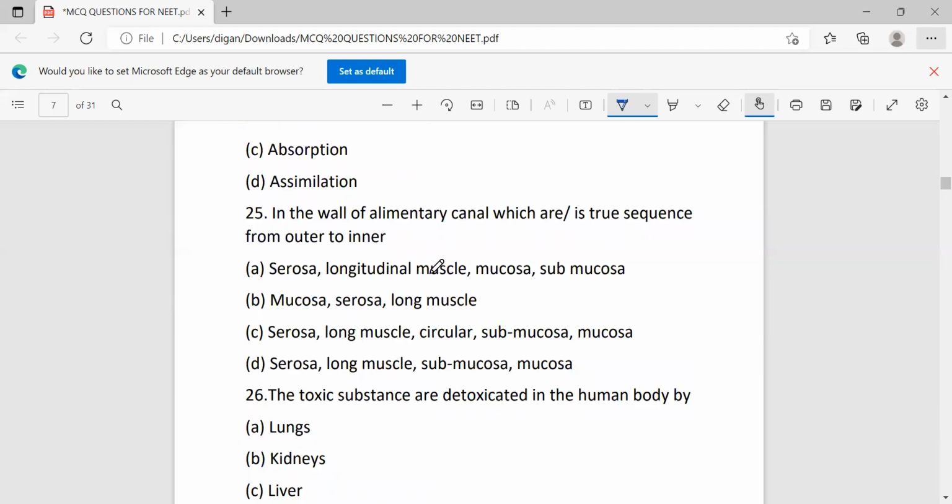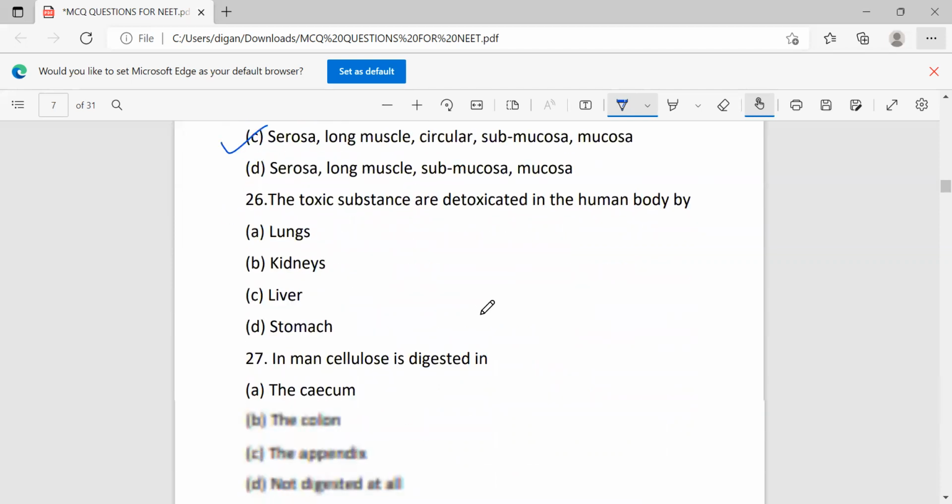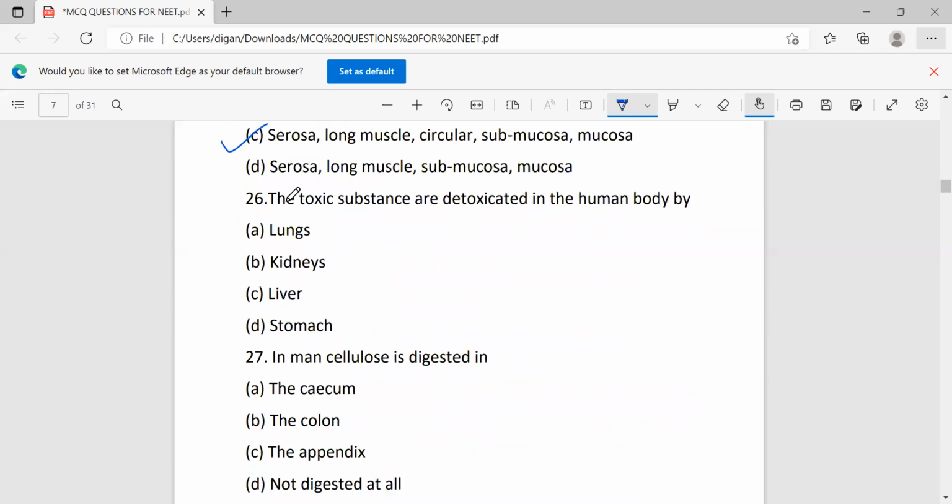Question number 25: in the wall of the alimentary canal, which is the true sequence from outer to inner? The correct sequence is option C: serosa, longitudinal muscle, circular muscle, submucosa, and mucosa. Question number 26: toxic substances are detoxified in the human body by, option is C, that is liver.